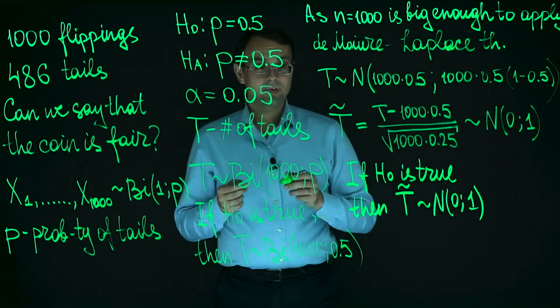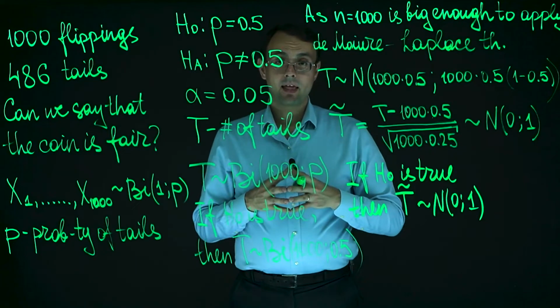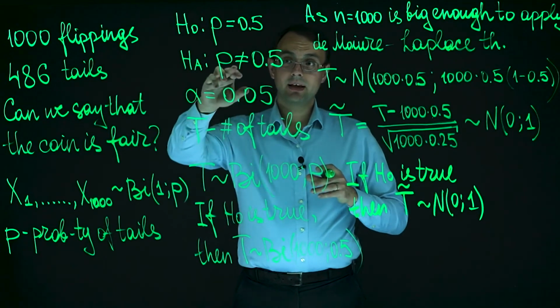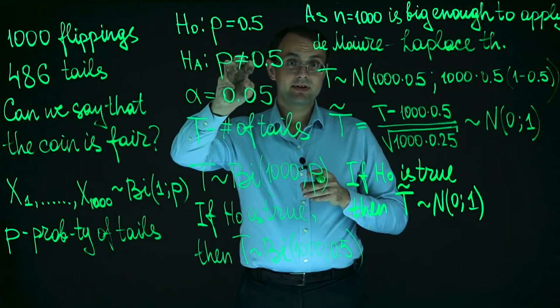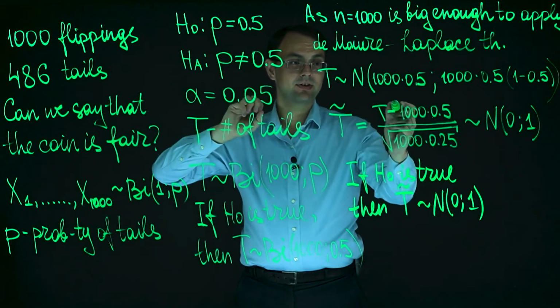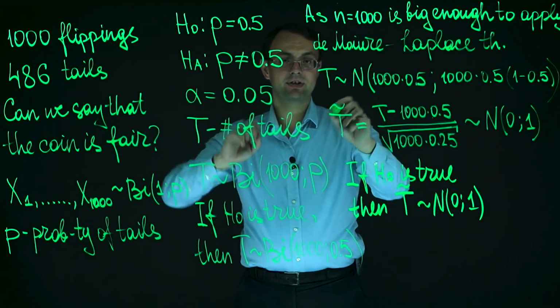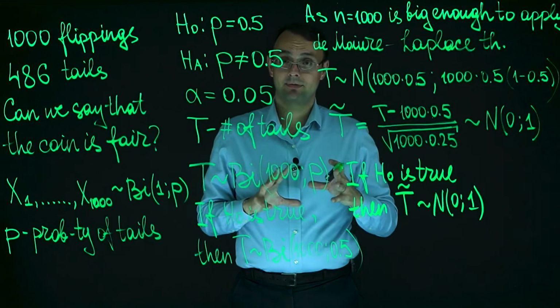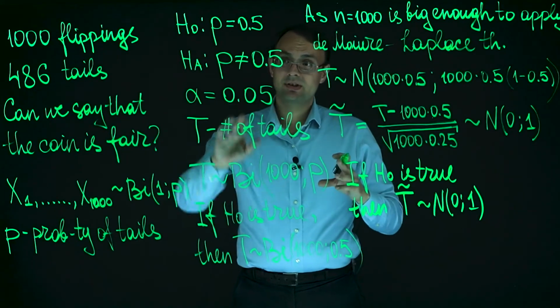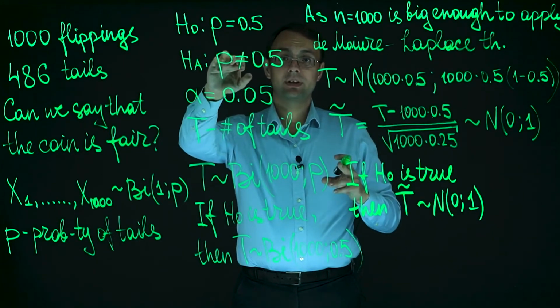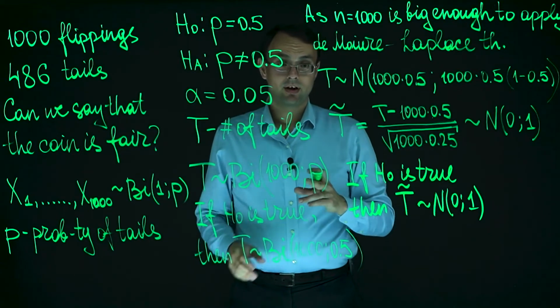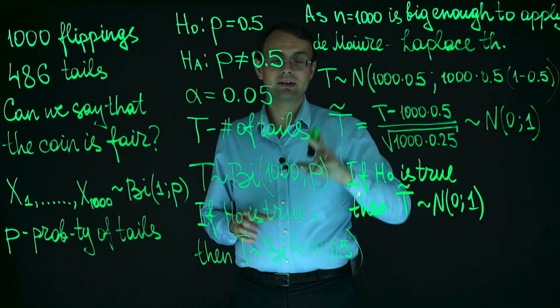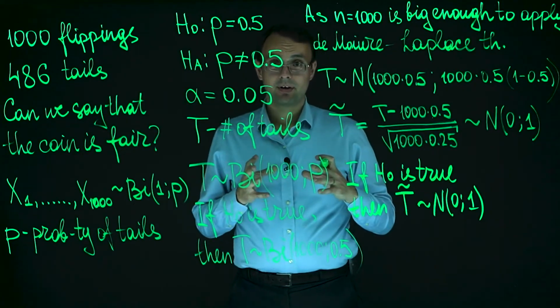So if p is more than 1/2, the value of T tilde is usually positive. For the same reasons, if p is less than 1/2, values of T tilde are usually negative.